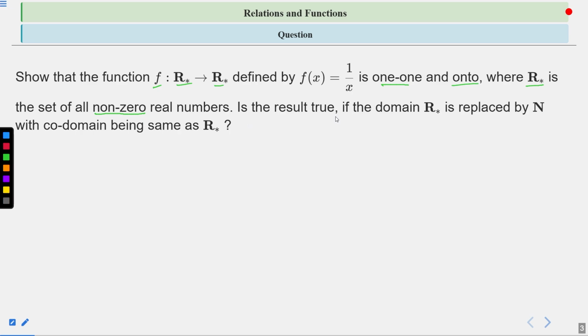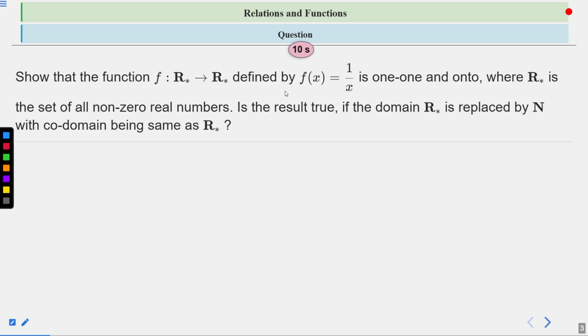Is the result true if the domain R star is replaced by the set of naturals, with the codomain being the same?